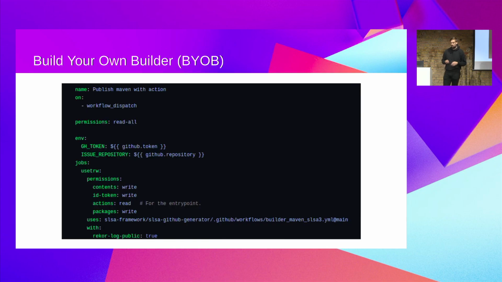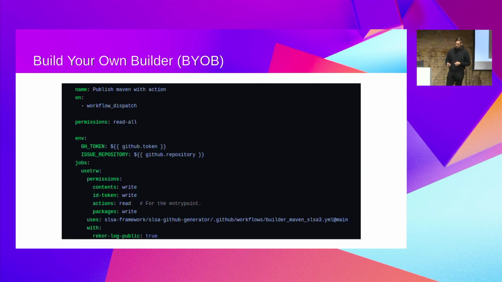They basically just invoke the Maven builder, and in return they get their artifact and their provenance. So instead of this user spending months to develop an action or a whole workflow that does this, all they have to do is invoke the Maven builder.